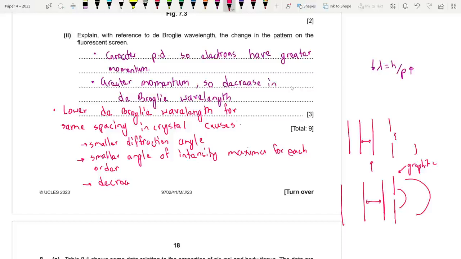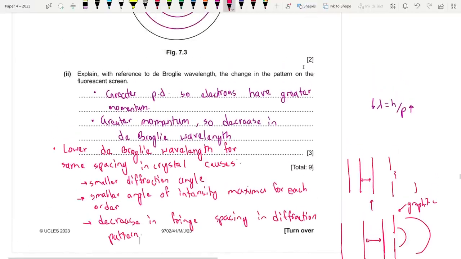I prefer this one: decrease in fringe spacing in the diffraction pattern. This is the best one.